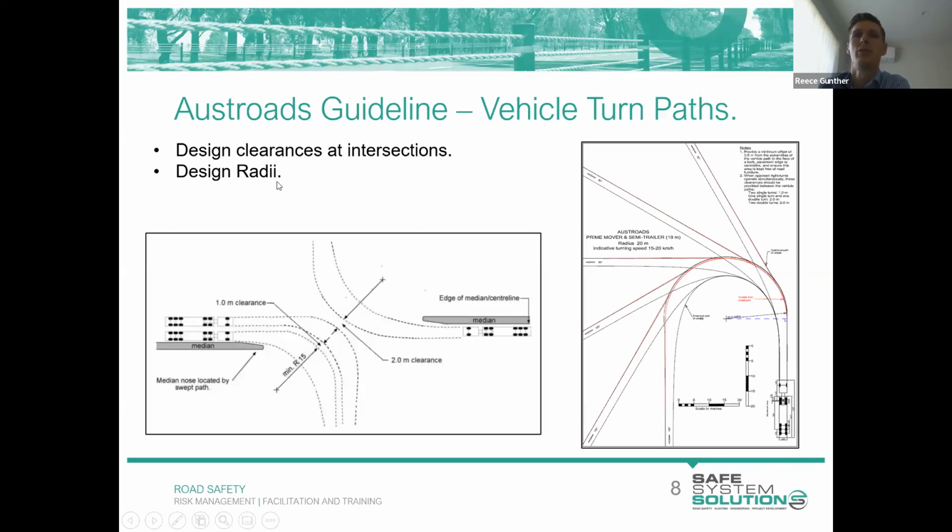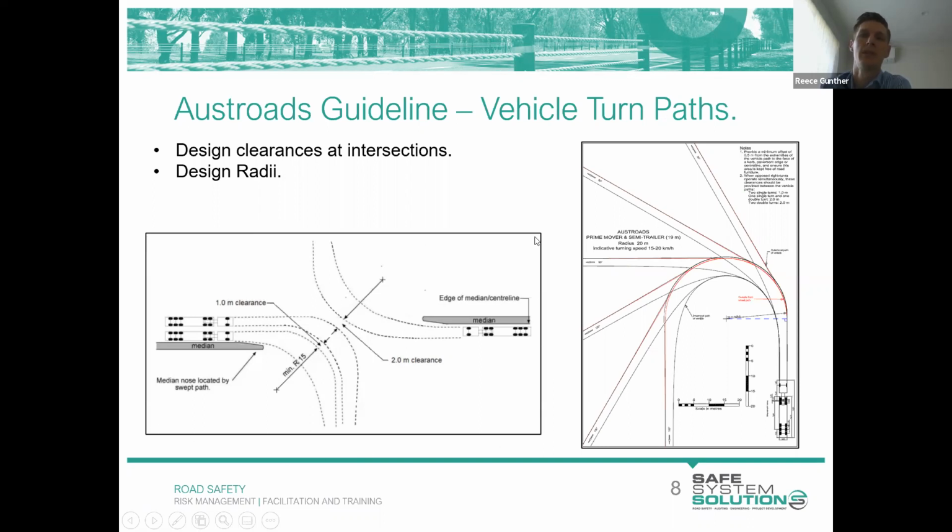So the design radii are spelt out in the Austroads guide, and they've got correlating speeds for each design radius.